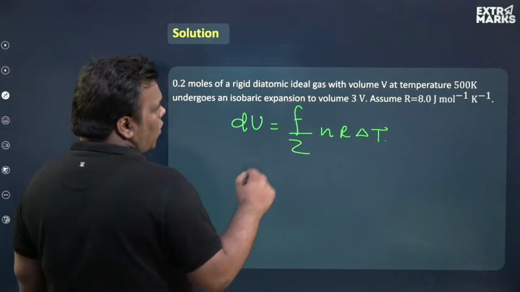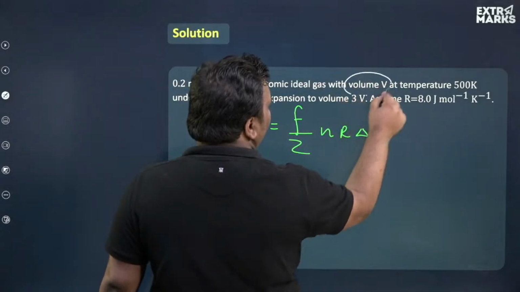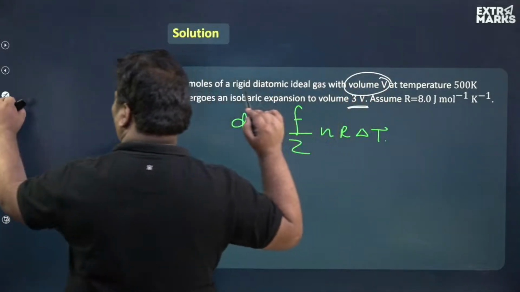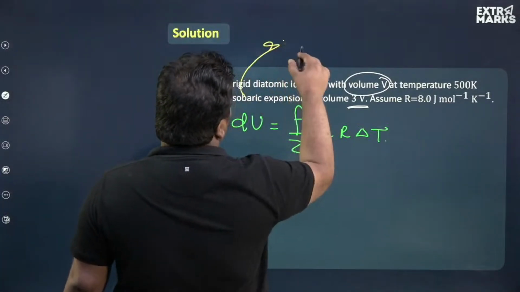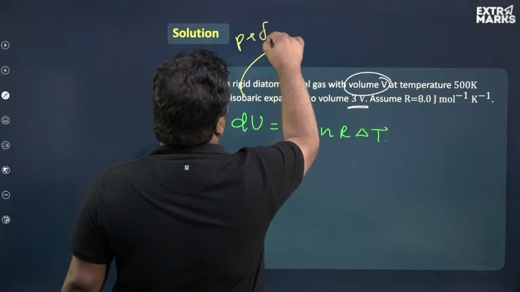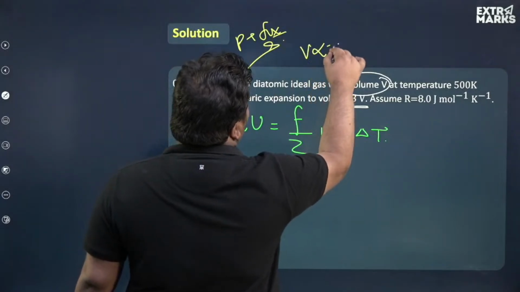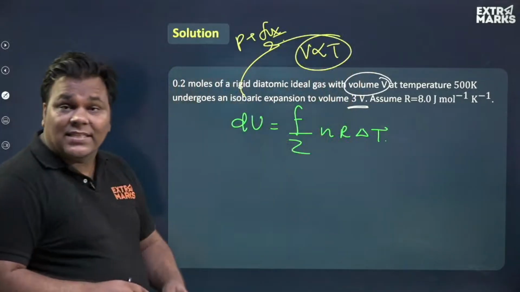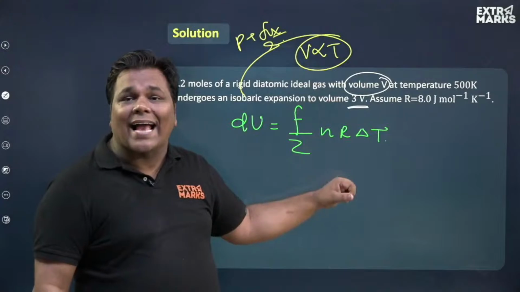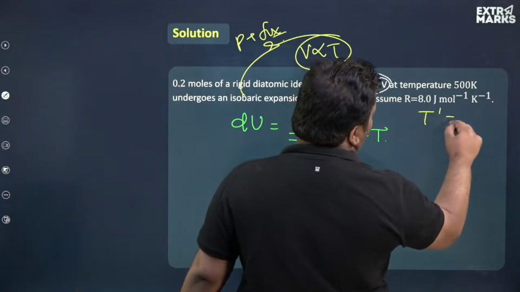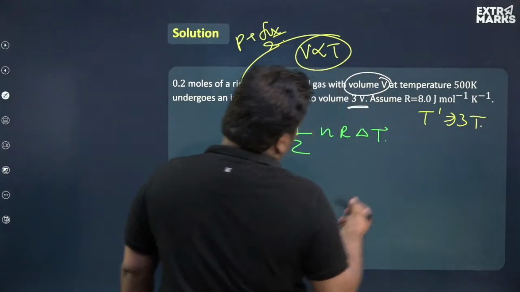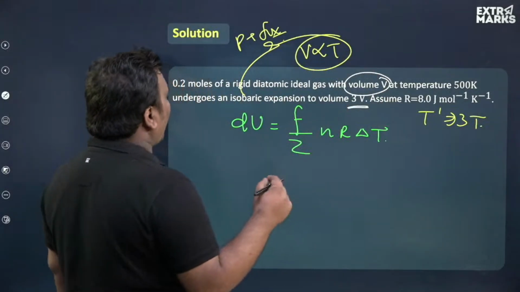Now, initial volume was V, final was 3V. So I know that for an isobaric process, pressure is fixed, so V is directly proportional to T. That means if the volume becomes thrice, then the temperature will also become thrice. That means T dash is equal to 3T. So it is very simple for me.